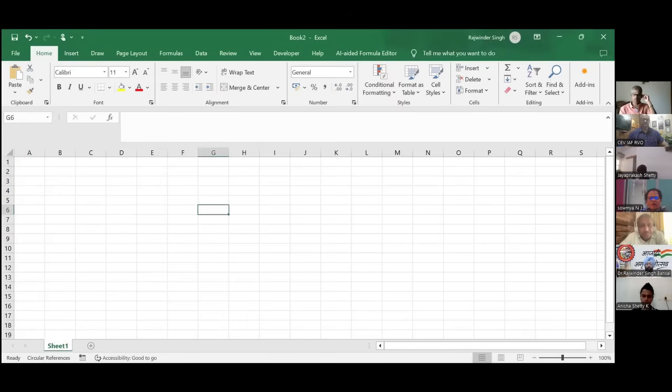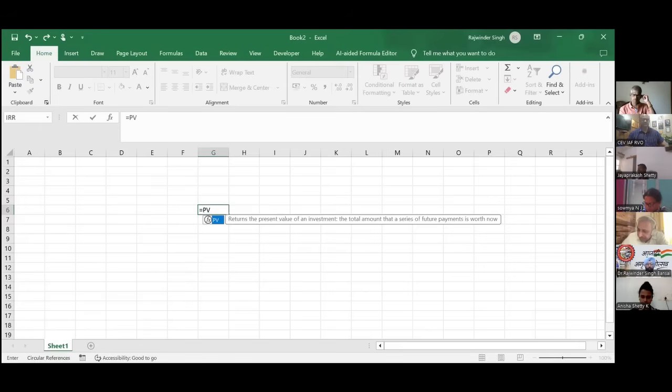In any cell you simply type PV, bracket starts. So it will ask you certain parameters. First it asks you about the rate. So rate is 14%. NPER is the term. So lease term is 50 years.